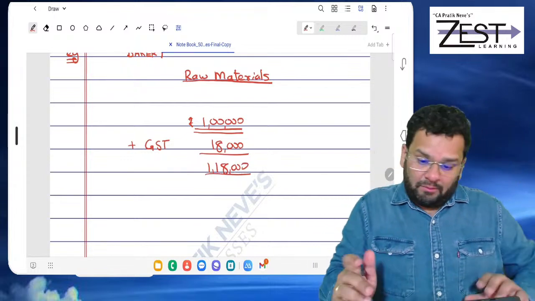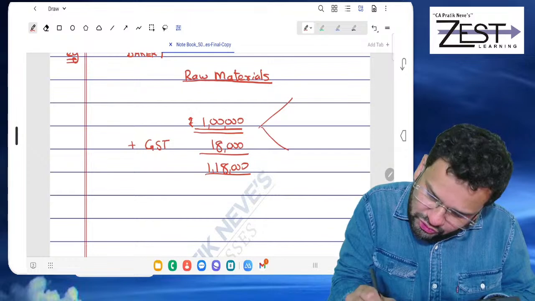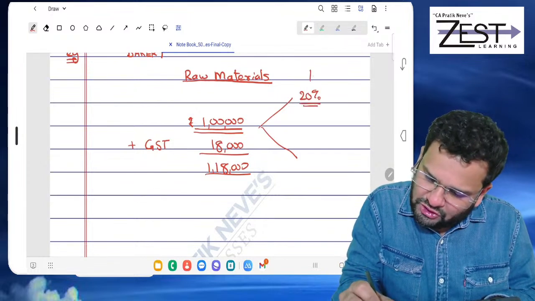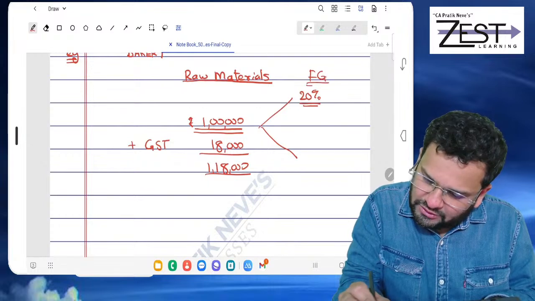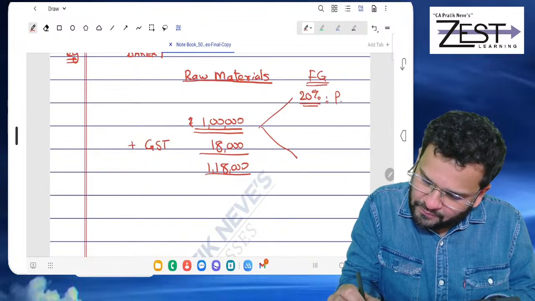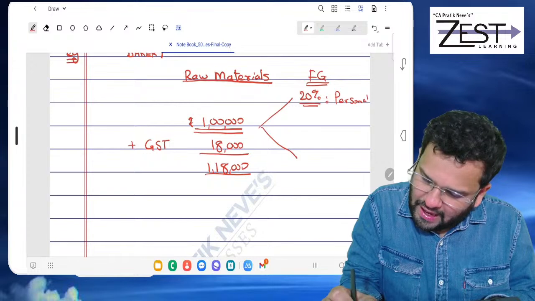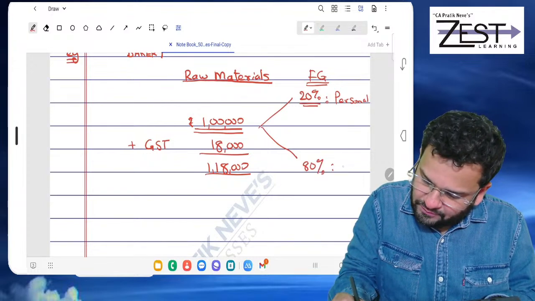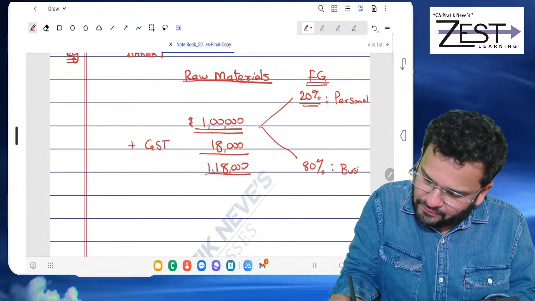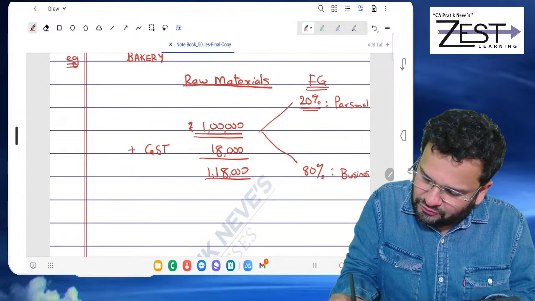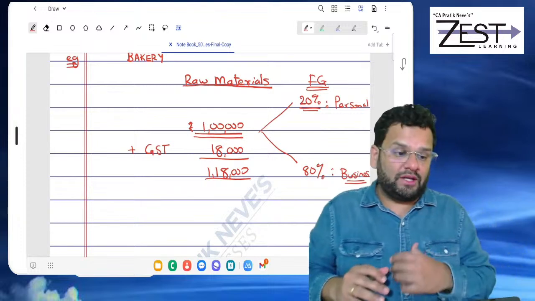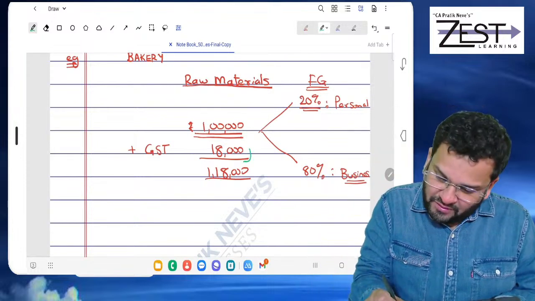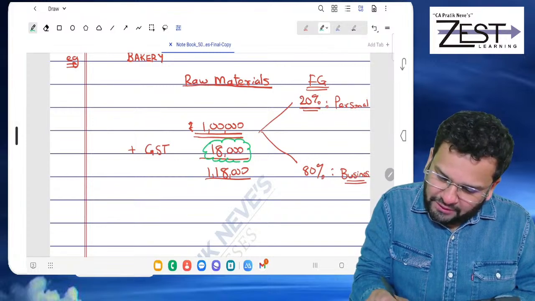But I know I have used 20% of the finished goods for personal use and 80% for business use. Means 80% of the finished goods I have sold, but 20% I have used for personal use. So what do you think? Will I get ITC of the complete 18,000?